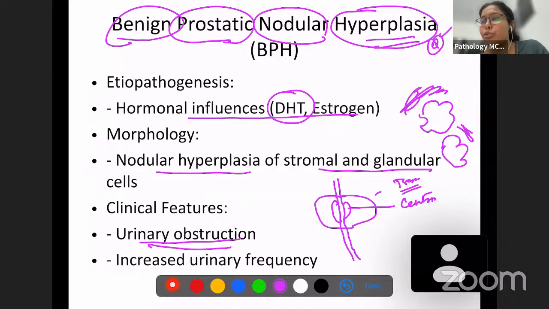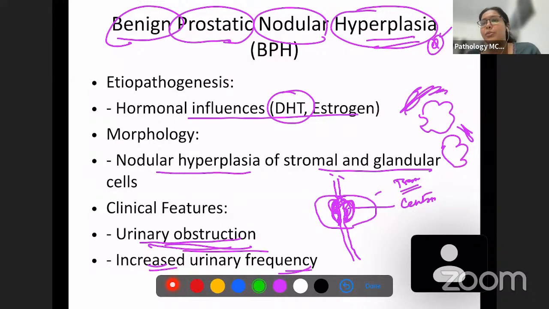Usually it is in this zone that your BPH happens. When hyperplasia happens in this area, it is going to compress the urethra, and when it compresses the urethra, you're going to have urinary obstruction. Because of this, there is delayed bladder emptying, and because of that, you are going to have increased urinary frequency.